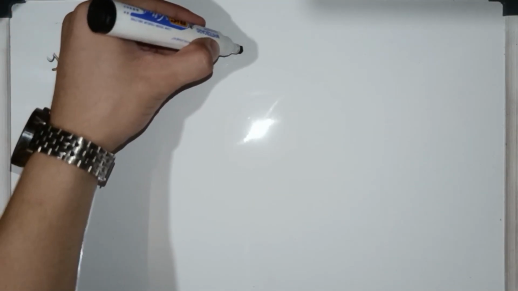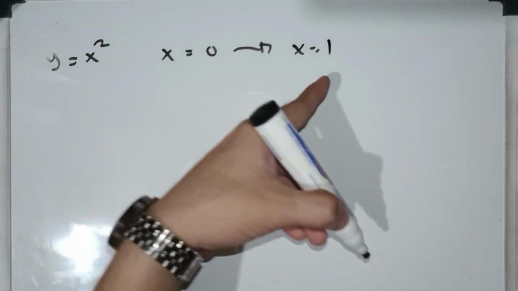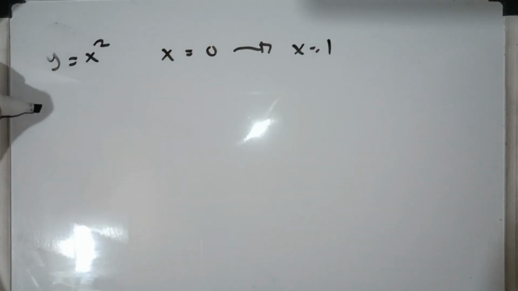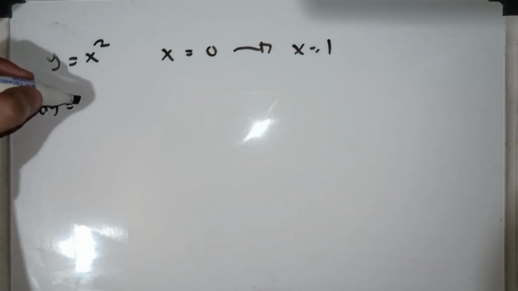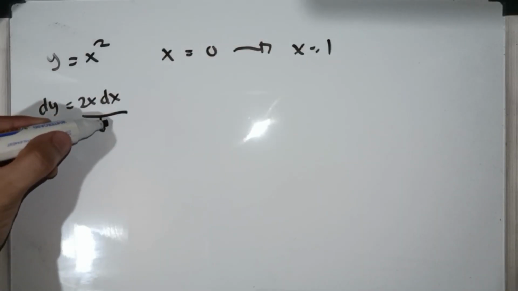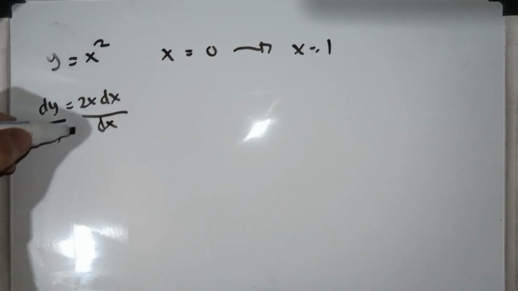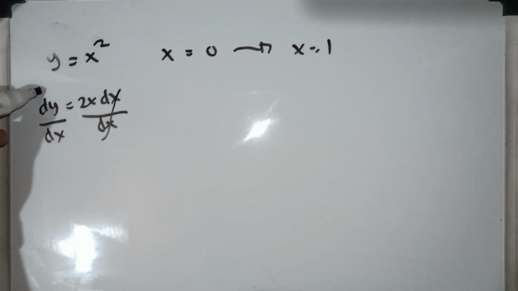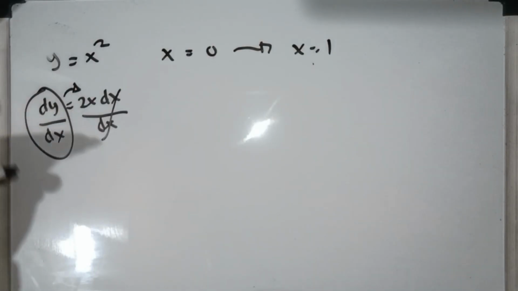So let's rewrite the problem. We have y is equal to x squared from x is equal to 0 to x is equal to 1. To solve this, let's get the derivative. So dy is equal to 2x dx, and let's divide this by dx in order for us to get the value of dy over dx, which is 2x.